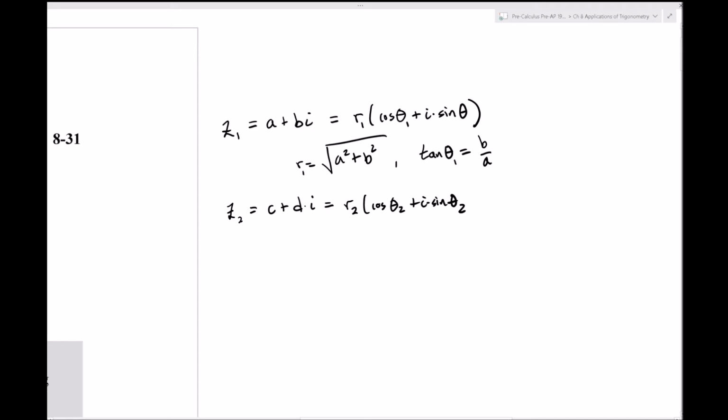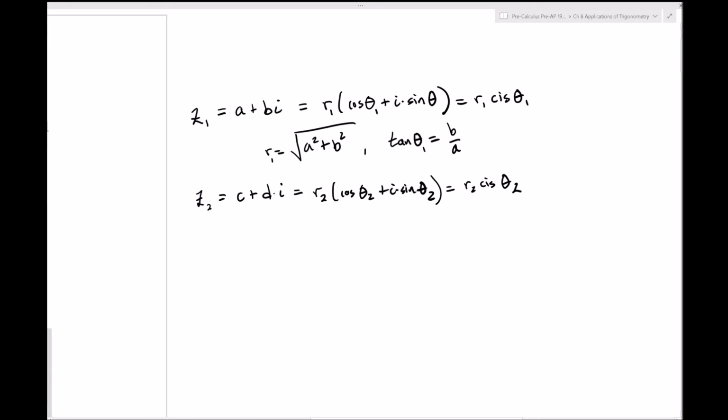There was an easier way to write this, if you guys remember. There's the CIS way, so R1 CIS theta 1, and this would be R2 CIS theta 2. I had said earlier that mathematicians came up with this simplification of cosine plus I sine. That's what the CIS stands for, cosine I sine.